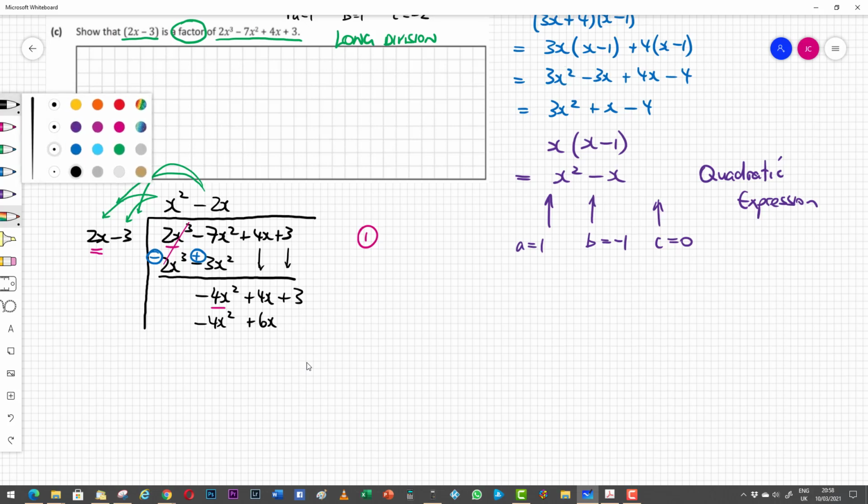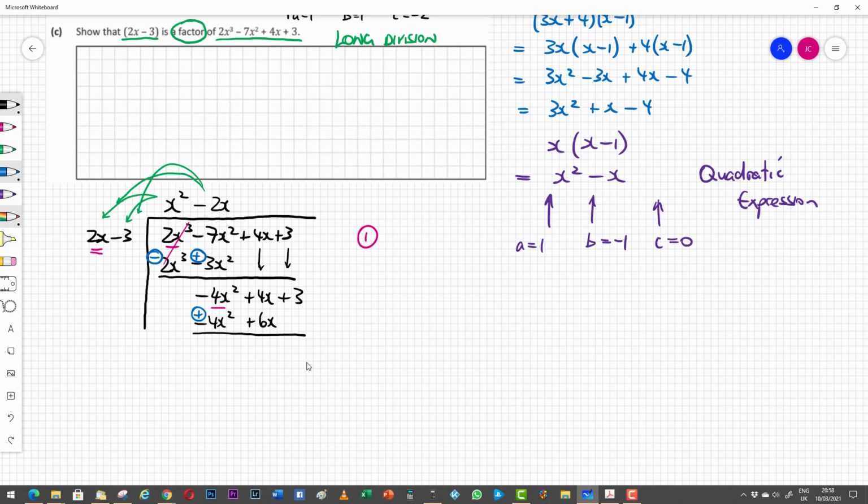As we did before, I'm going to draw a line underneath. I am going to subtract the second line from the first line by changing both the signs. The first terms will always cancel. Minus 4x squared plus 4x squared is 0. And then we add down the rest. Plus 4x minus 6x is minus 2x. And then plus 3 minus 0 is obviously just plus 3. And we've done the process now 2 times.